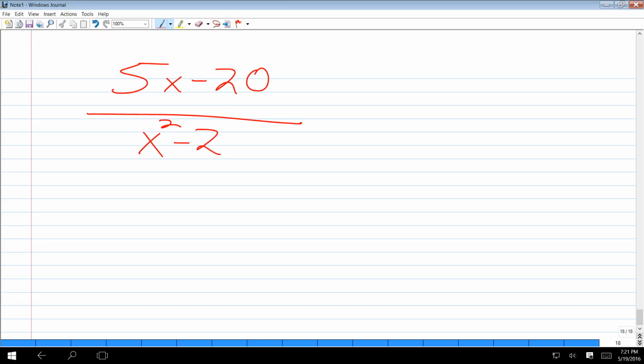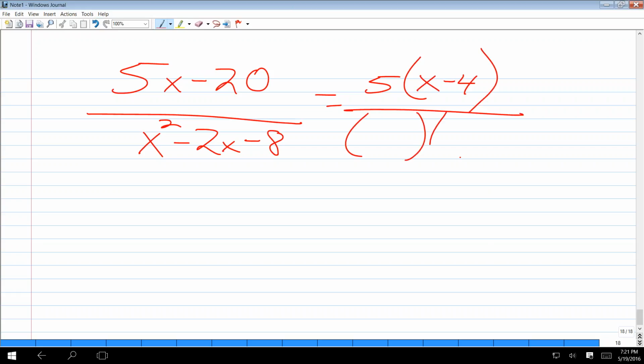Okay, simplified form of 5x minus 20 divided by x squared minus 2x minus 8. Factor the top. That would be 5 outside of x minus 4. Factor the bottom. That would be x minus 4 and x plus 2.